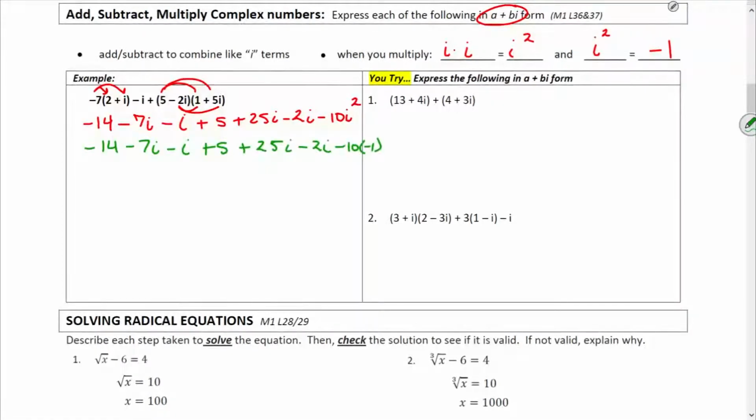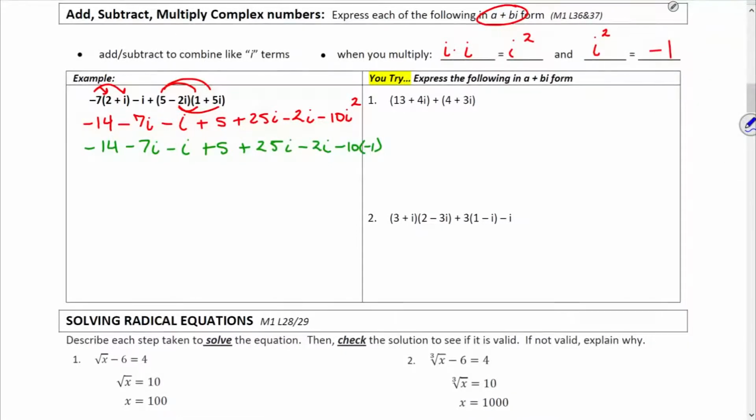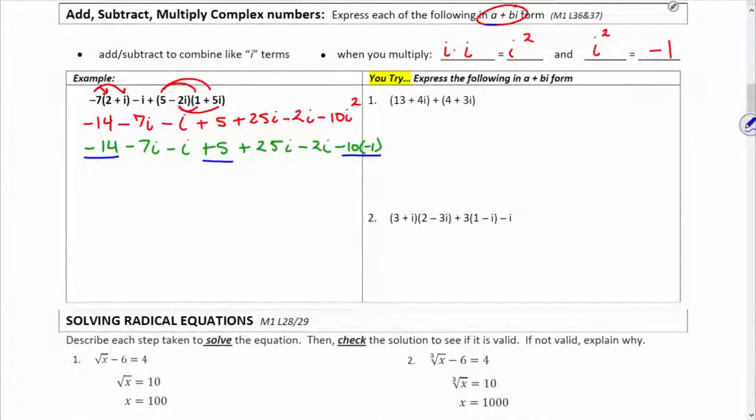Okay? And now I can combine like terms. So let me combine the whole numbers together. So I want the whole numbers first. So whole number, and this will also be a whole number. So -14 plus 5 is -9. Let's see here, -10 times -1 is a positive 10.